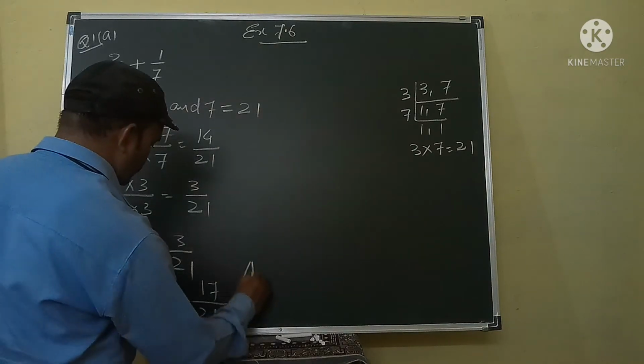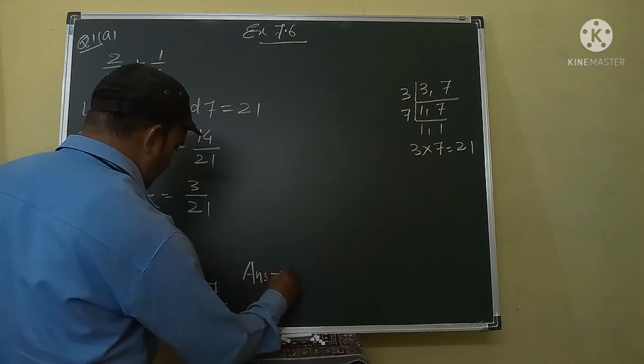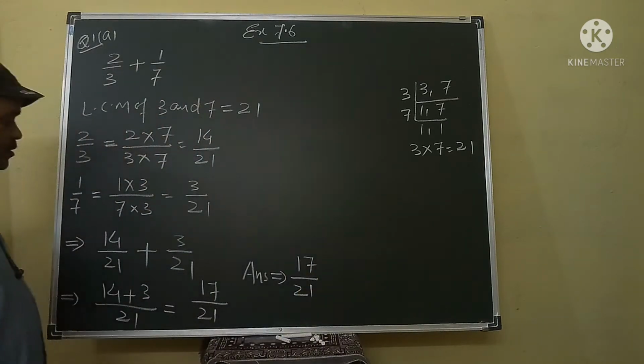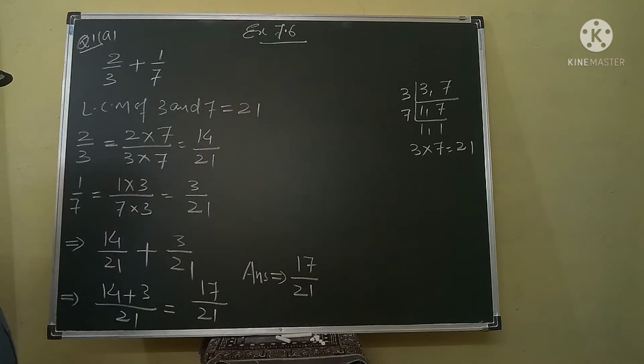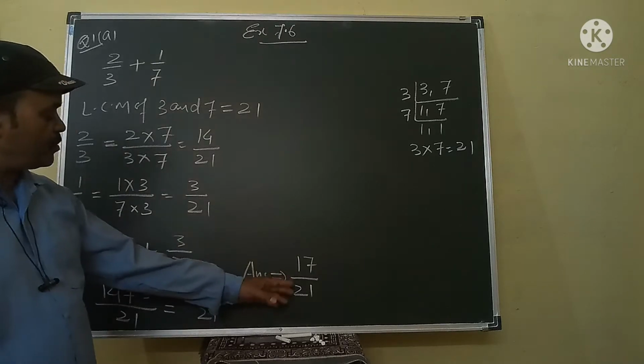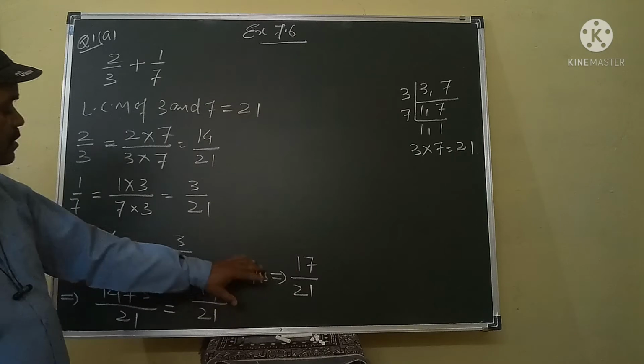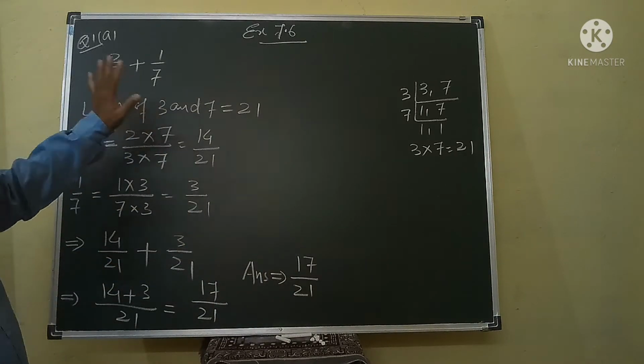That means your required answer is 17 upon 21. Okay. This is the required answer for the required question.